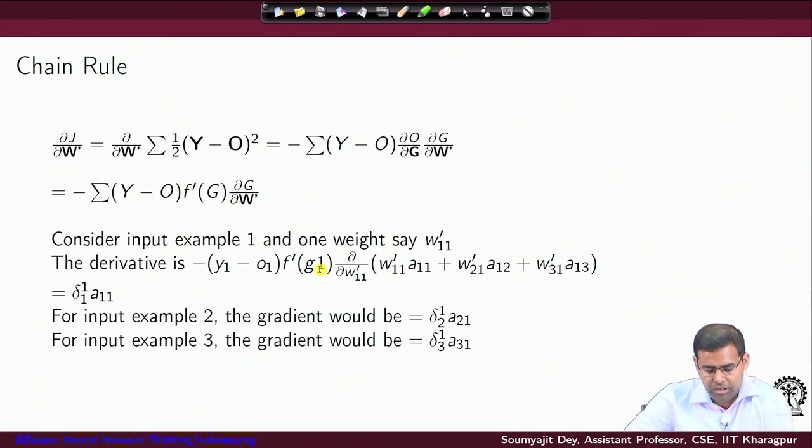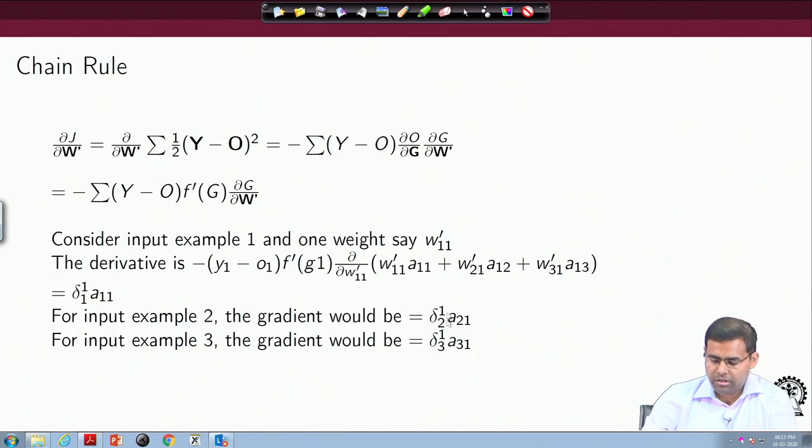Now, similarly for the other input examples, if we consider the other weights, we will be able to figure out the other components, where some scalar is multiplied by a21, some scalar multiplied by a31, and all that. As you can see, all these a's are something we already have available as part of the feed forward computation.